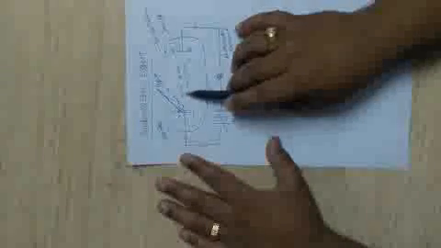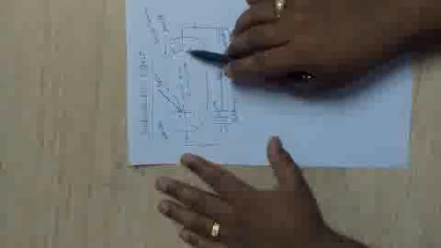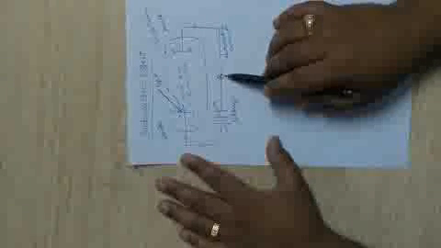So a fraction of the emitted electrons, photoelectrons, will be collected, and these electrons will show some current in the galvanometer.